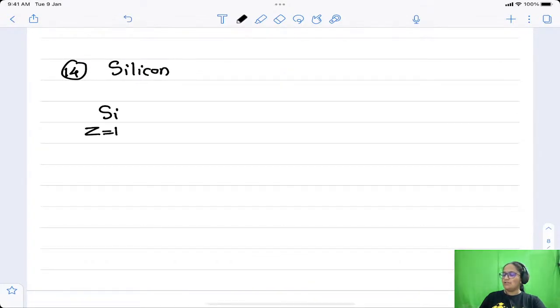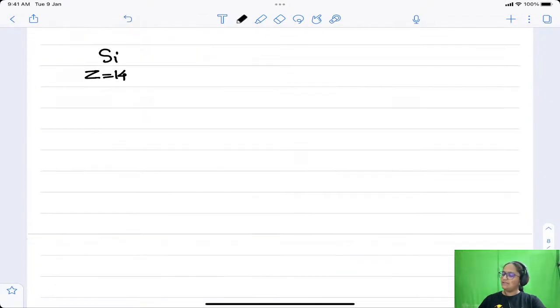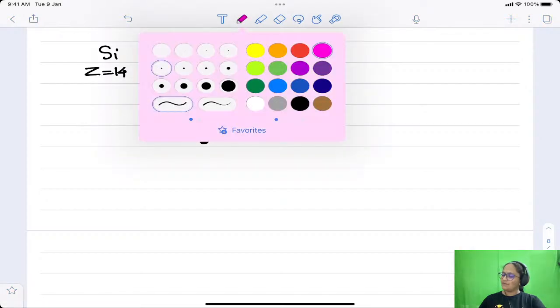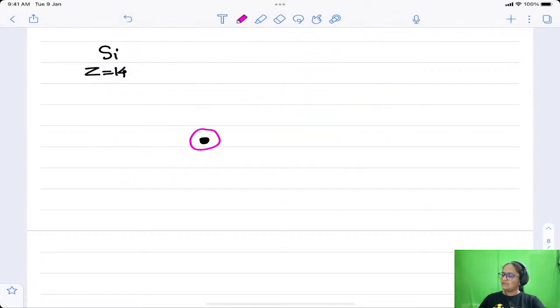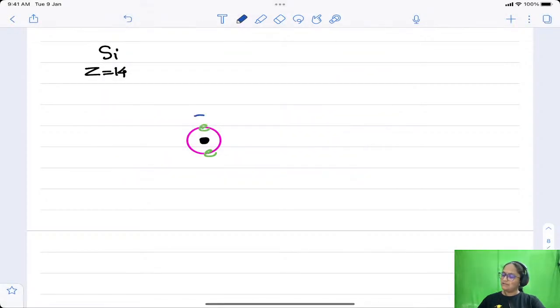Atomic number is 14. Okay, now let us see how the electrons are filled in it. So this is the nucleus of silicon atom. Okay, then this is the K shell, in which 2 electrons will be filled.